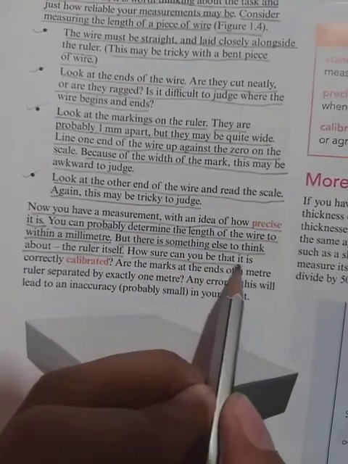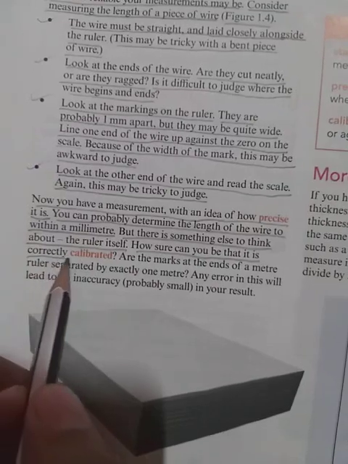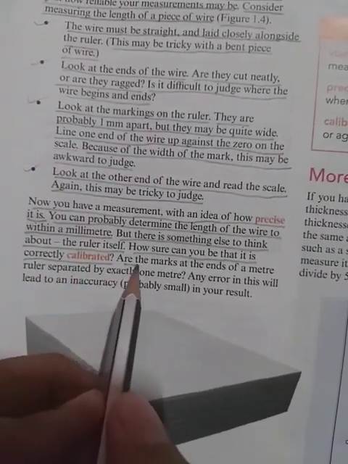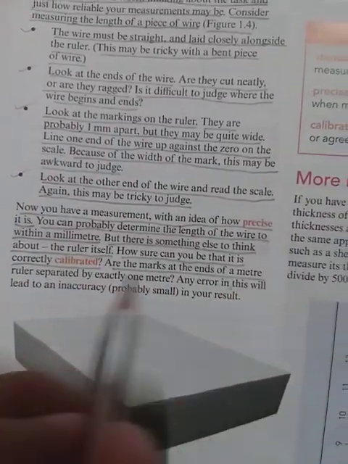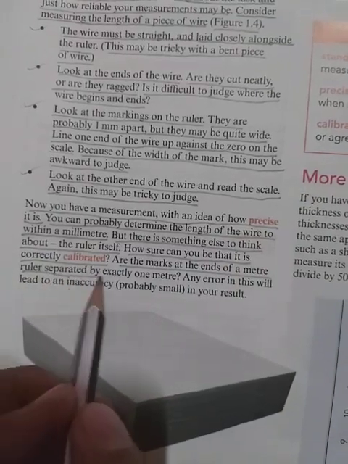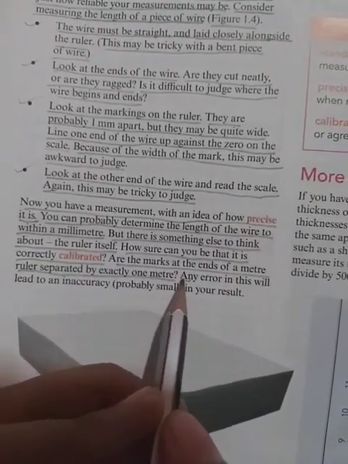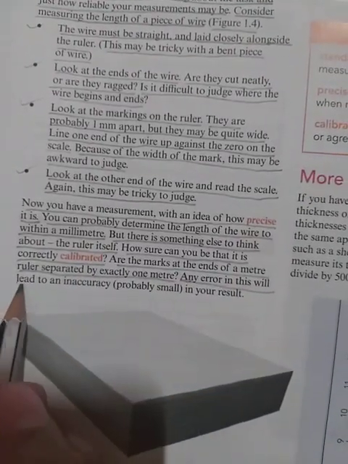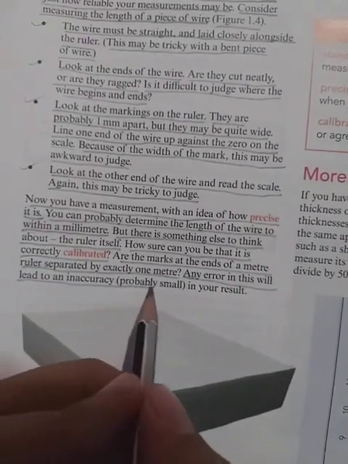How sure can you be that it is correctly calibrated? Are the marks at the ends of the meter ruler separated by exactly 1 meter, or will any error in this lead to an inaccuracy, probably small, in your result?